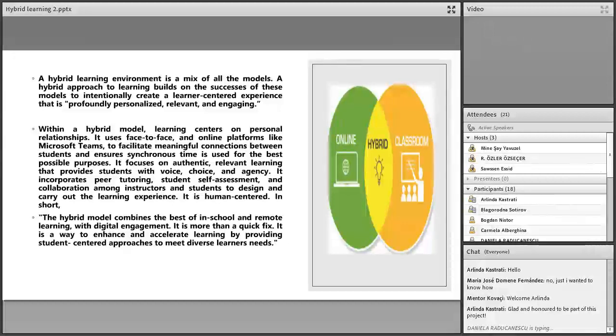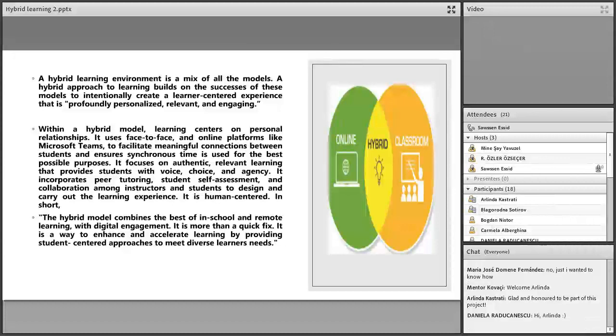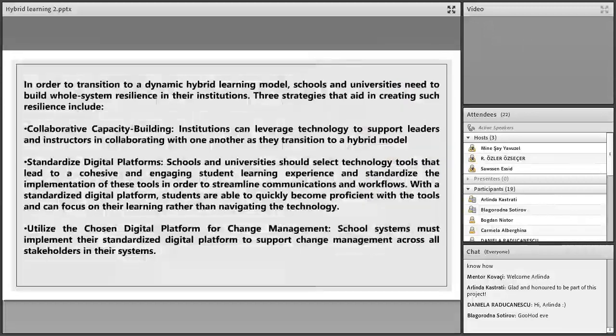So in the hybrid learning experience, the focus on learners' needs is essential, because not all learners learn in the same way. They have different styles and different intelligences. So when we design an online lesson, we need to take this into account.